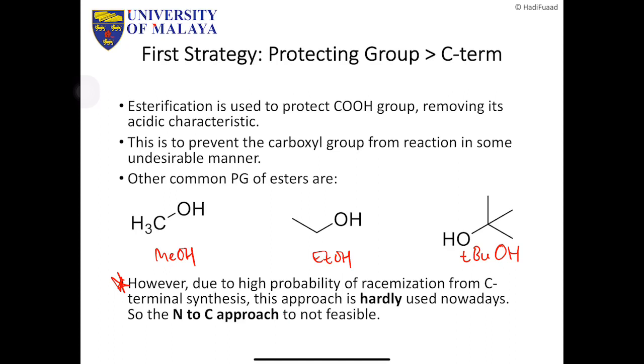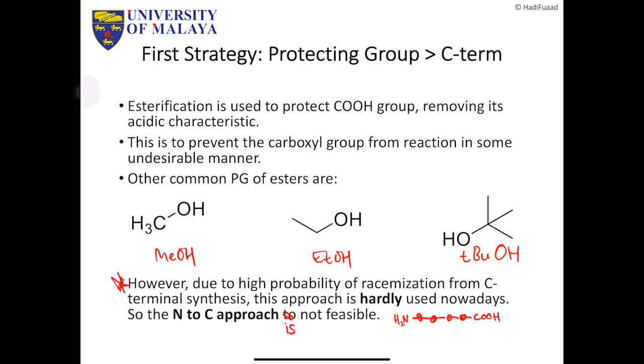So the N to C approach is not feasible. What I mean by N to C is that, say for example, you have a string of amino acids that you want to synthesize, and normally you write it with the N terminal on the left and the C terminal on the right.